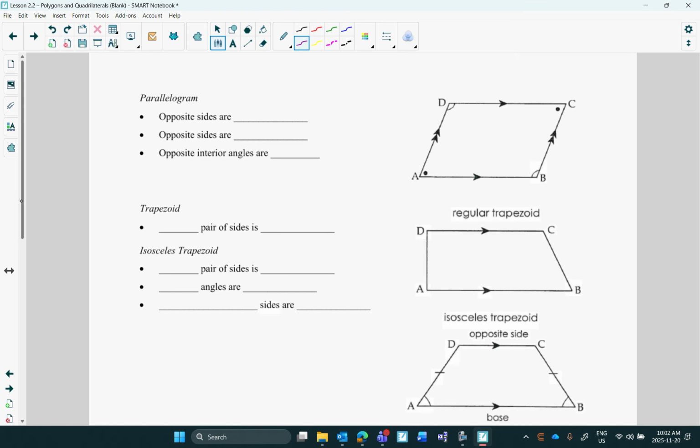Parallelogram. That's like taking a rectangle and bending it. Right? And here we can see we've got the arrowheads. So like a rectangle, the opposite sides, not only are they parallel, but they're also the same. So opposite sides are equal, opposite sides are parallel.